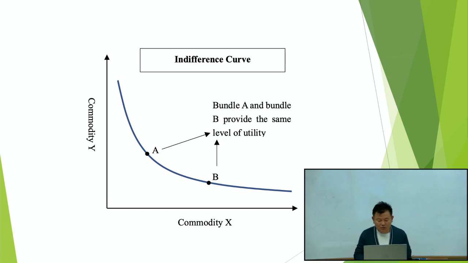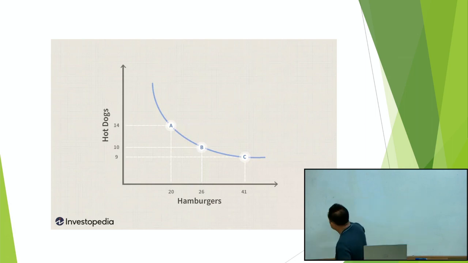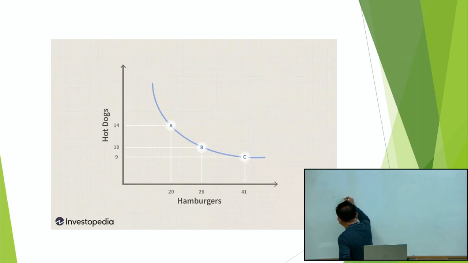So this is the indifference curve. We can explain with an example. Combination C is 41 hamburgers and 9 hot dogs. Combination B is 26 hamburgers and 10 hot dogs.